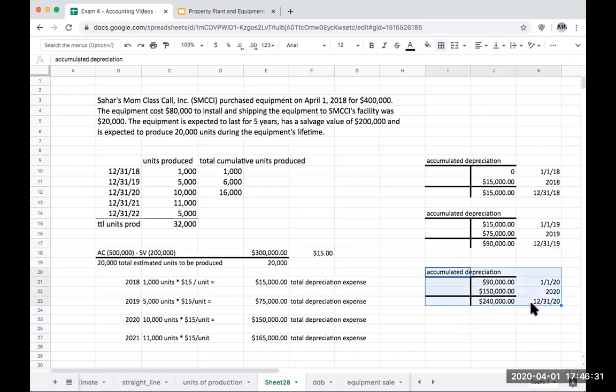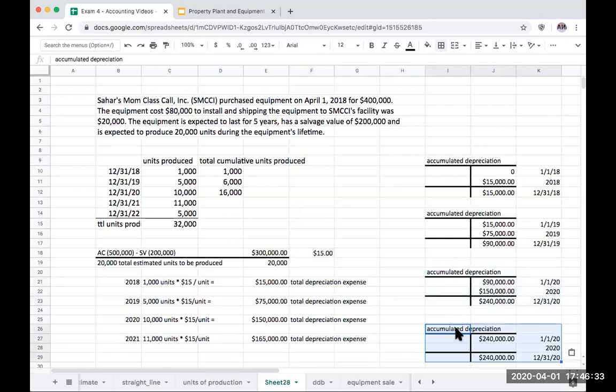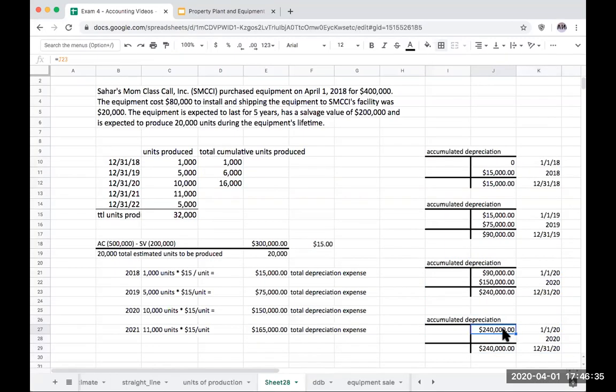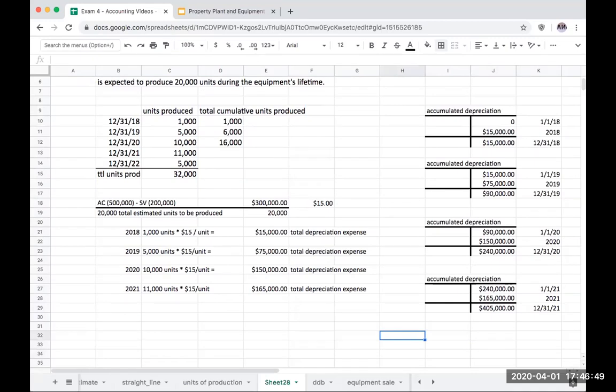So if I went over here and recorded this in 2021, if I did this 165 here, I would end up with a total accumulated depreciation balance of 405.